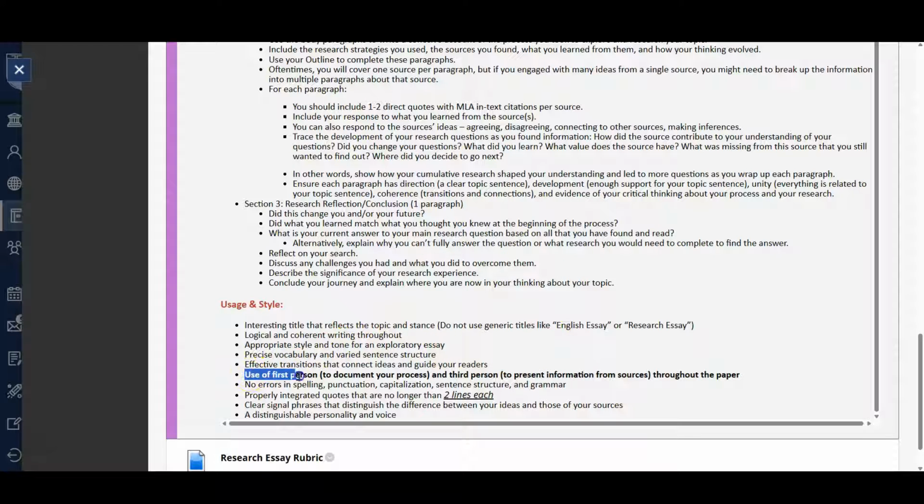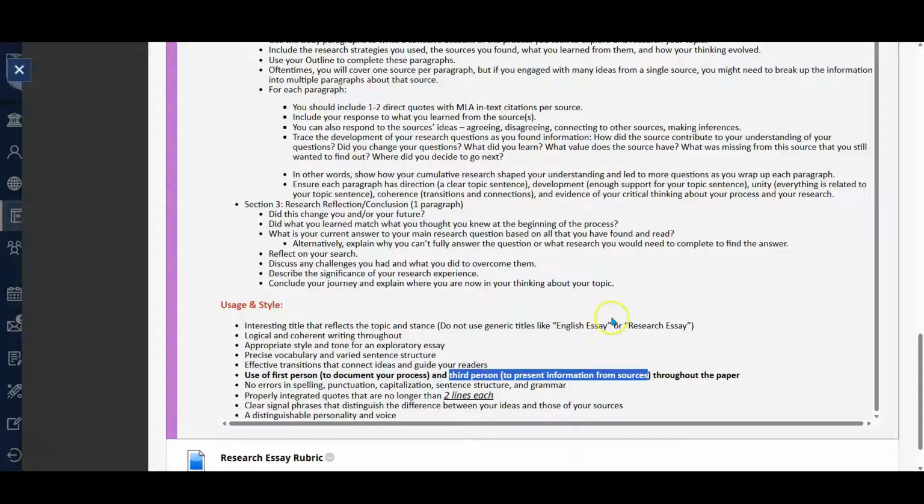You can use first person for the beginning of this paper, because you're talking about your research process and what you experienced, okay? And when you get into the actual research that you're quoting, that's when you should be using third person to present information from the sources. Say the topic I mentioned before was autism and communication disorders. Is there a connection between the two?